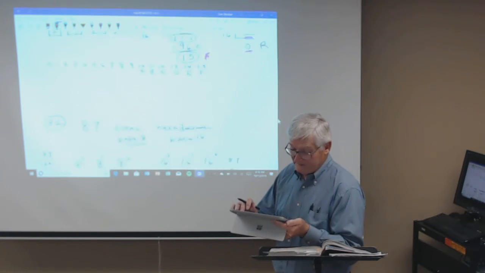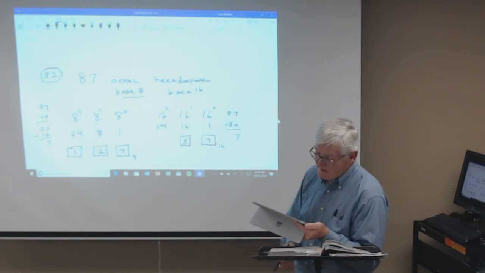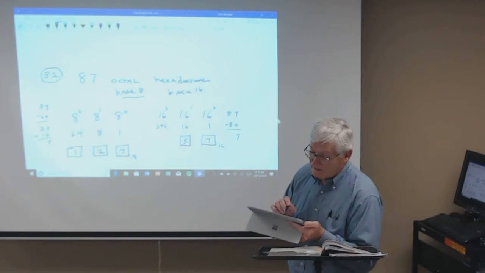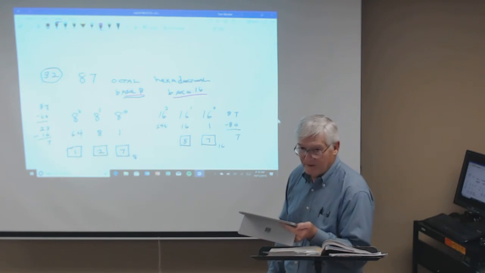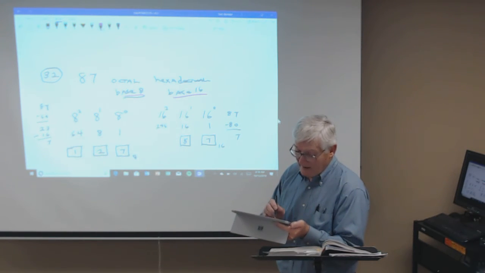Number 32. The last one. 87 in octal and hexadecimal. So they want me doing both base 8 and base 16. So I put down my place values for base 8. 64, and then I put 64.